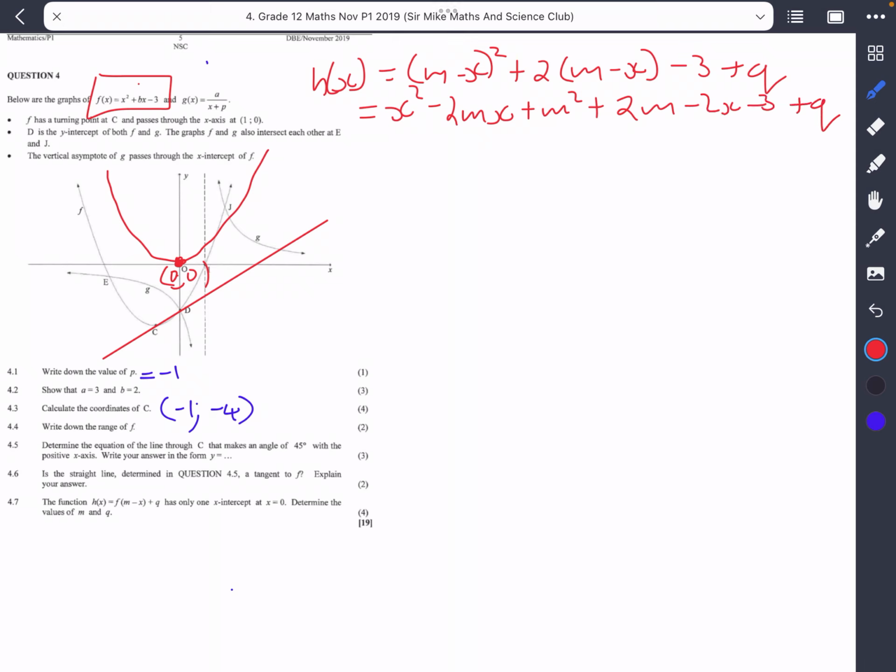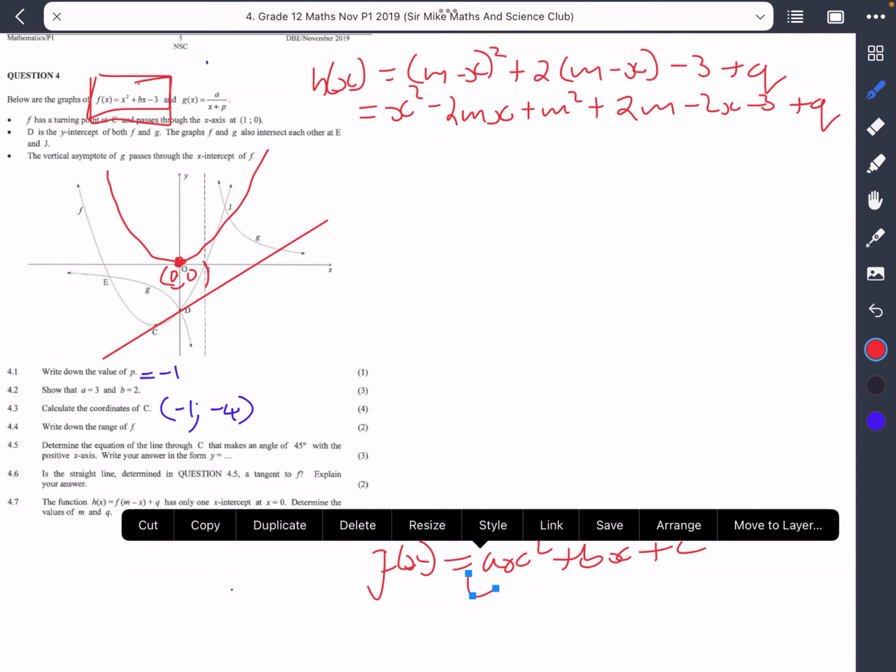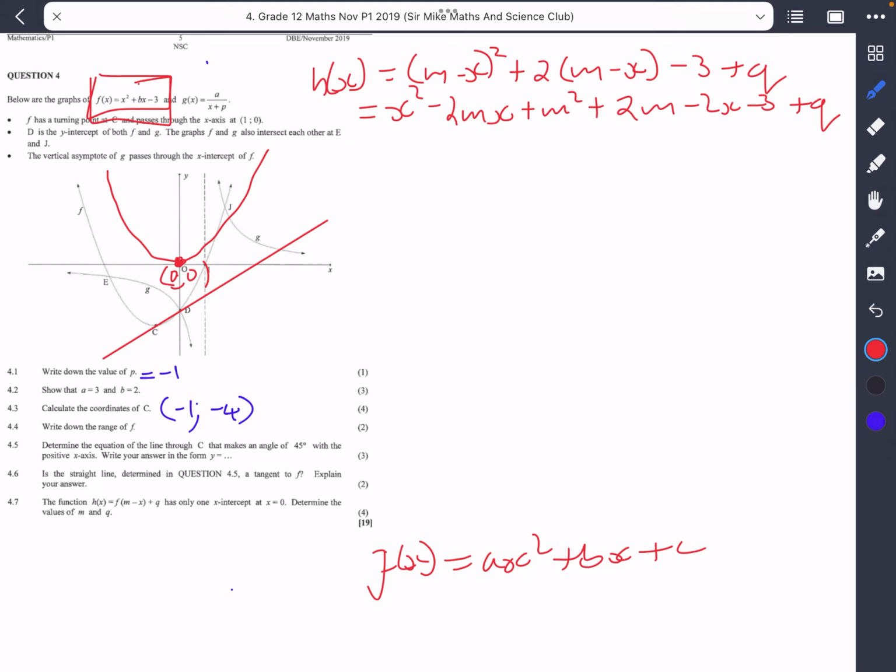Now remember that this function actually has a standard equation, which says that f of x is equal to ax squared plus bx plus c. So anything that is attached to x squared would be that value of a, right? But anything that is attached to just x, or x to the power 1, we know that that would actually be b, right?